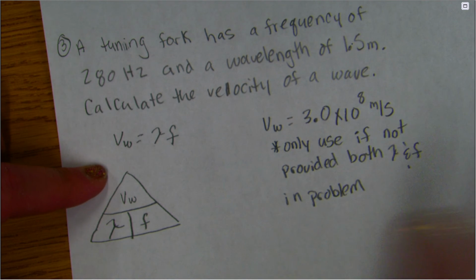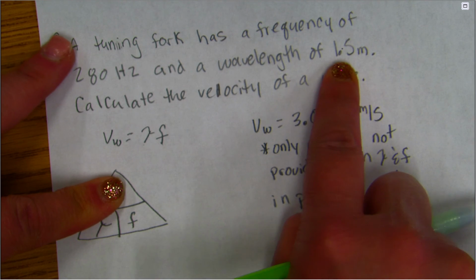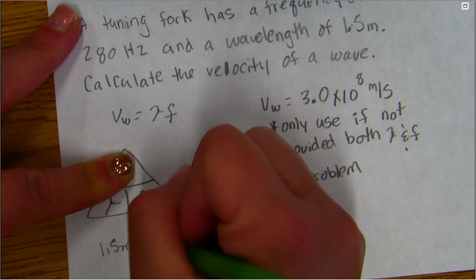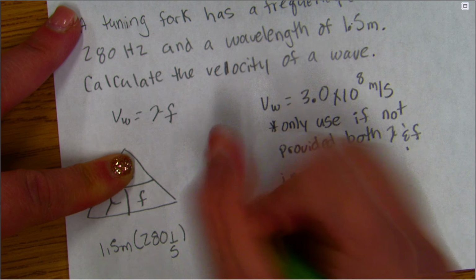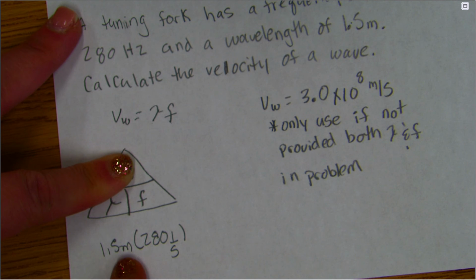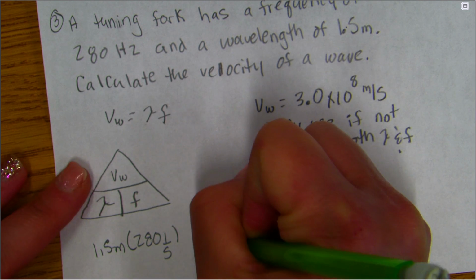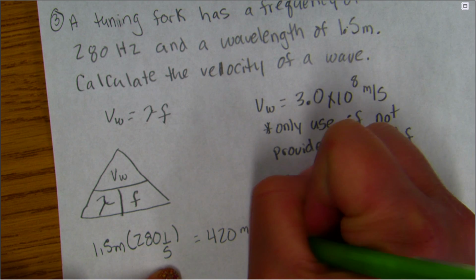All right, so if I want to find velocity, I am multiplying my wavelength of 1.5 meters times 280 hertz. Now remember, hertz is 1 divided by seconds. So what are my final units going to be? Meters divided by seconds, which makes sense because we're looking for velocity. So when I plug this into my calculator, I am going to get a value of 420 meters divided by seconds.